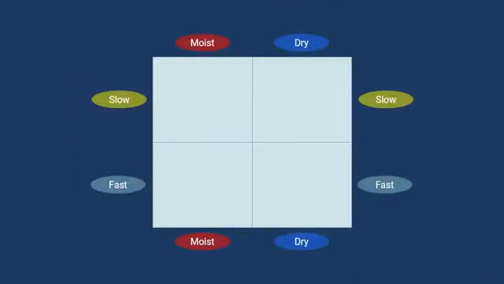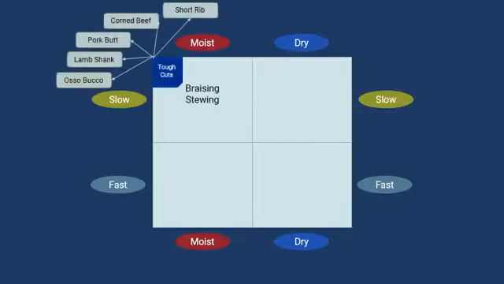So to summarize, let's go through a little chart here and see what we can figure out. Slow cooking with moist heat methods is best for short ribs, corned beef, pork butt, lamb shank, and ossobuco. These are tough cuts of meat, and they require techniques such as braising and stewing.